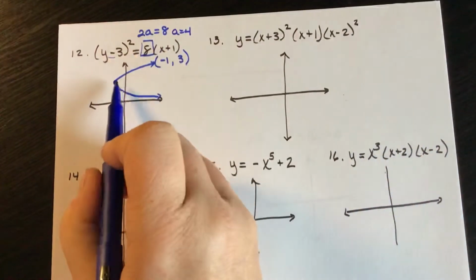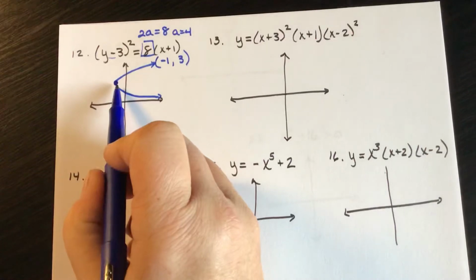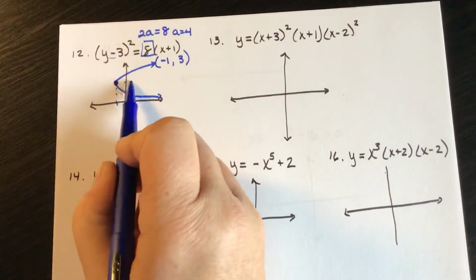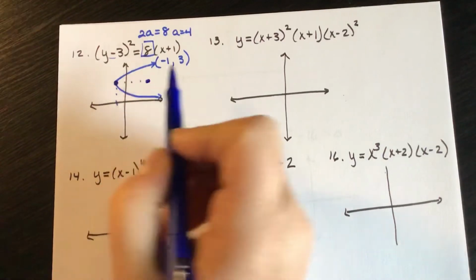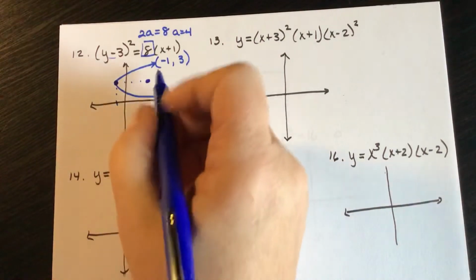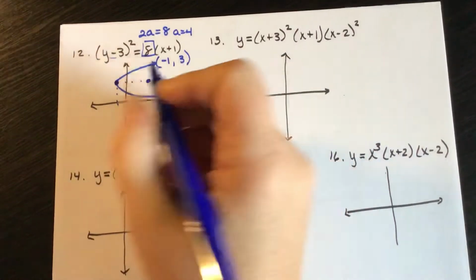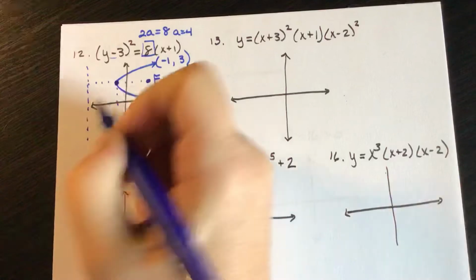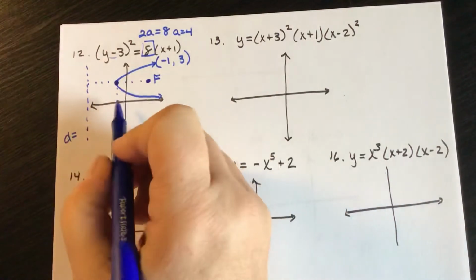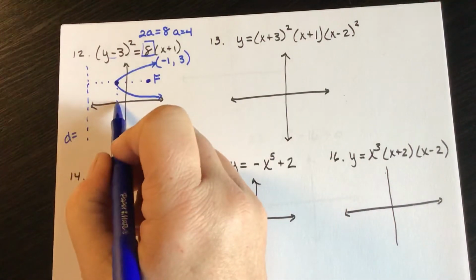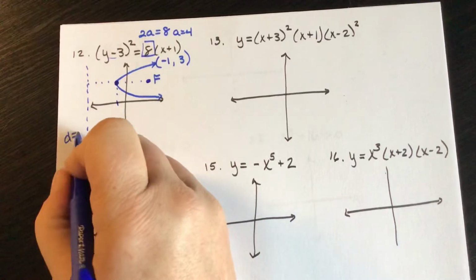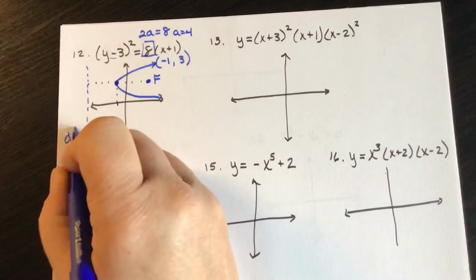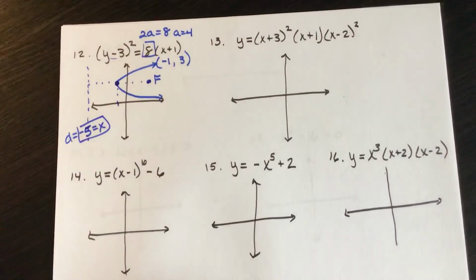So that means 4 units from the center, 1, 2, 3, 4, is my focus point. And then 1, 2, 3, 4 units this way is my directrix. And this is a vertical line, and this is -1 plus 4 at -5. X equals -5.